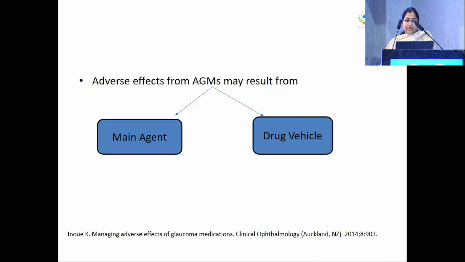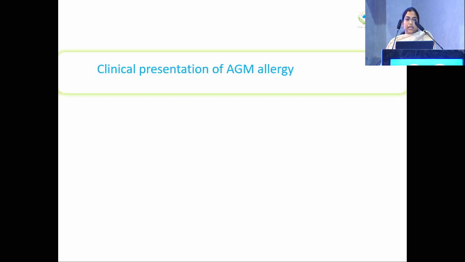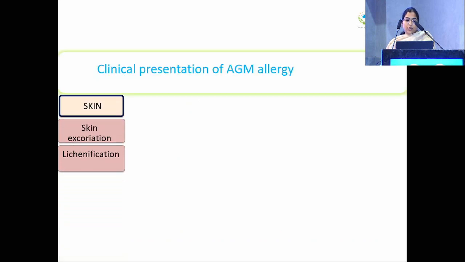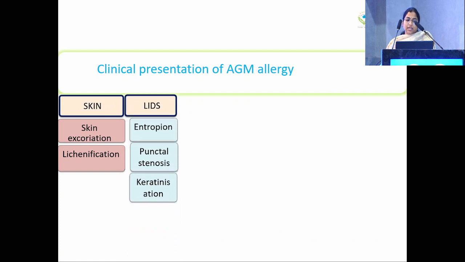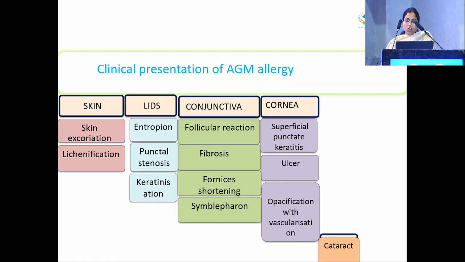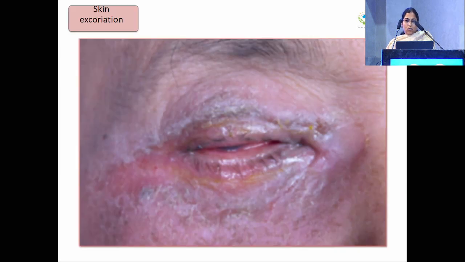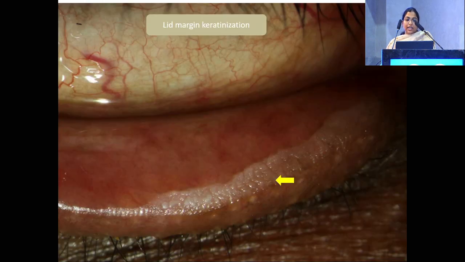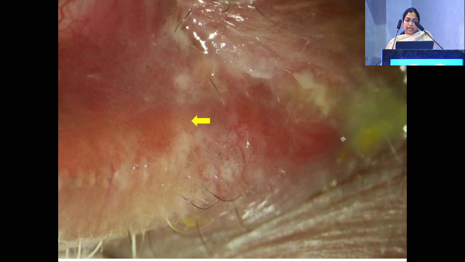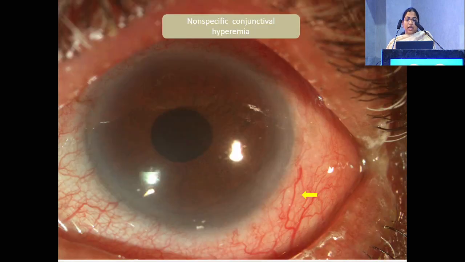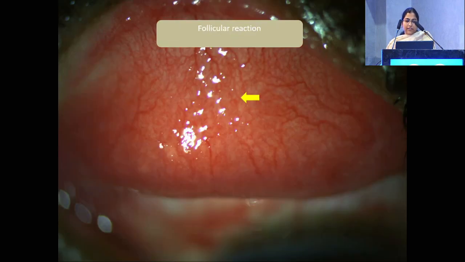So the adverse effect may result from either the main agent or the drug vehicle. Clinical presentation of AGM allergy varies from skin manifestations to involvement of lids, conjunctiva, cornea, lens and retina. So there can be lid skin excoriation and lichenification. There can be lid margin keratinization in severe cases, especially where there is cicatrizing conjunctivitis. Then there can be punctal stenosis. There can be non-specific conjunctival hyperemia.